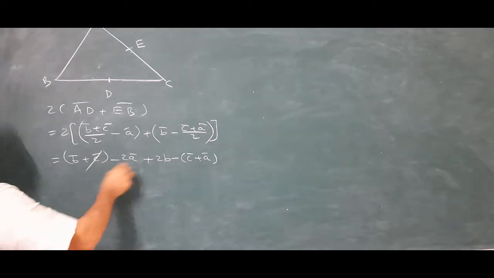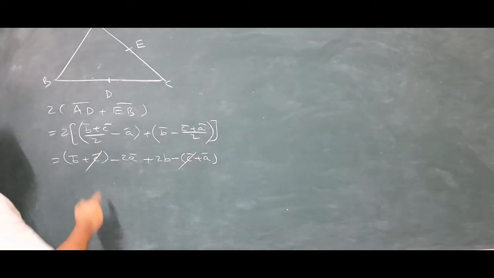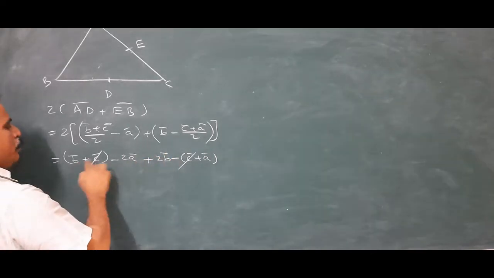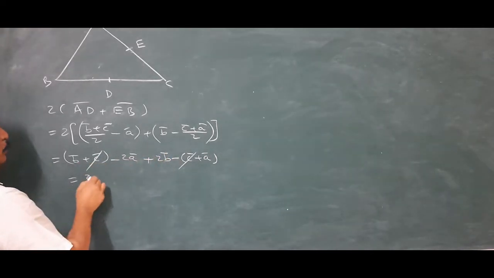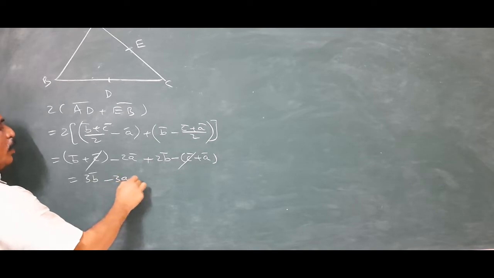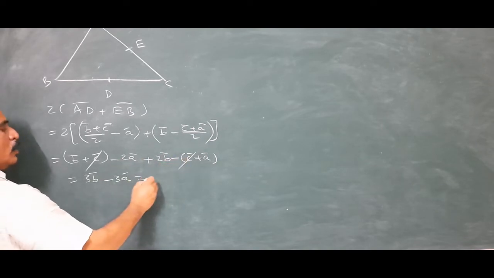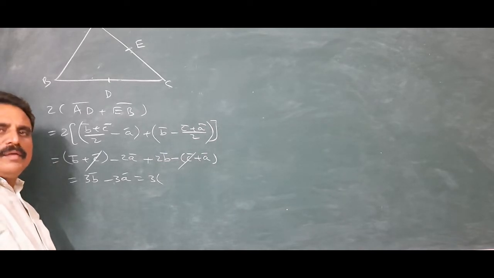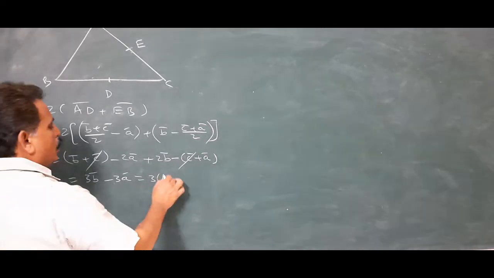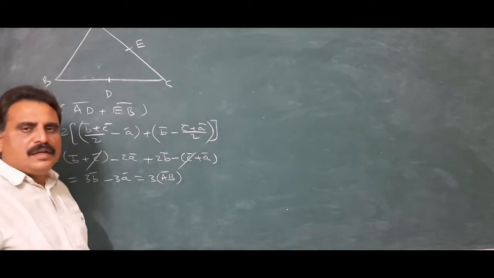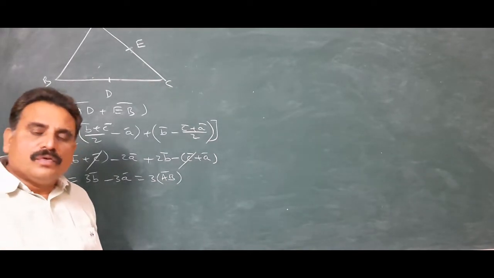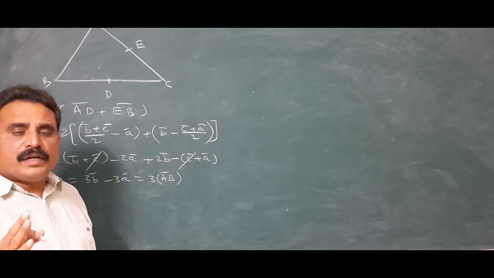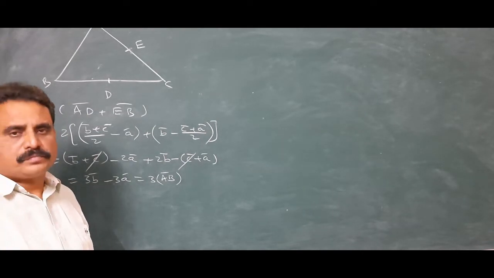Clearly C bar cancels here, and B bar plus 2B bar is 3B bar, minus 2A bar minus A bar is minus 3A bar. Taking 3 common, B bar minus A bar, OB bar minus OA bar, that is nothing but AB bar. Simple question, it belongs to the addition of vectors.